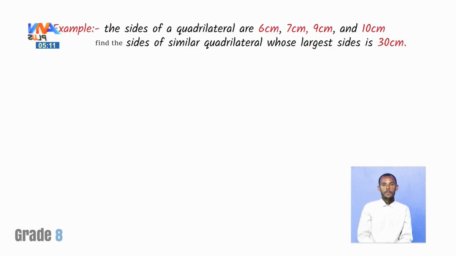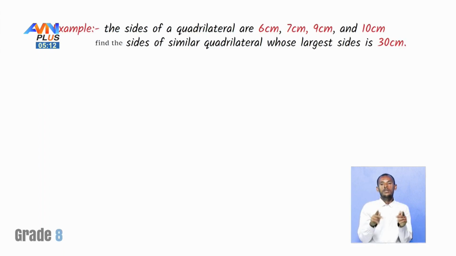The sides of a certain quadrilateral are given as 6, 7, 9, and 10 centimeter respectively. Find the sides of the similar quadrilateral whose largest side is 30 centimeter. Okay.